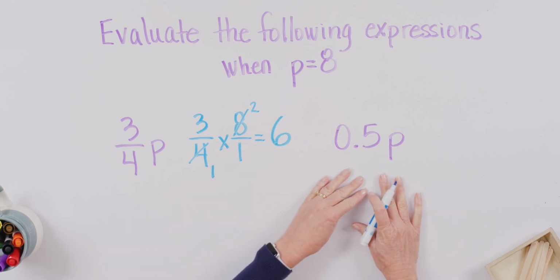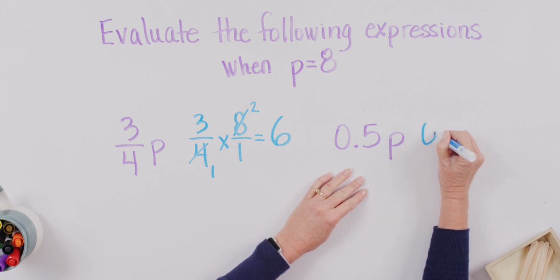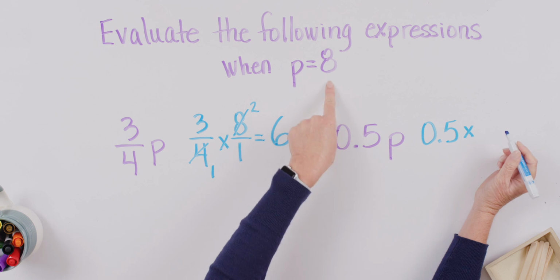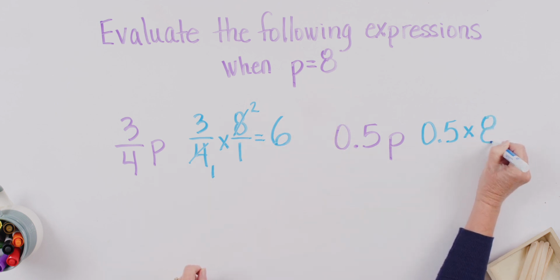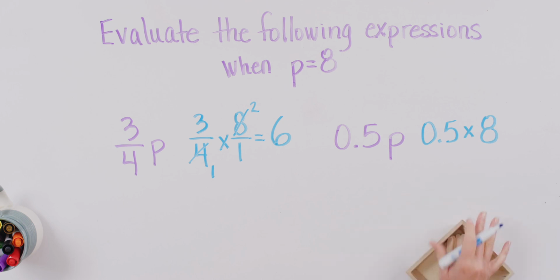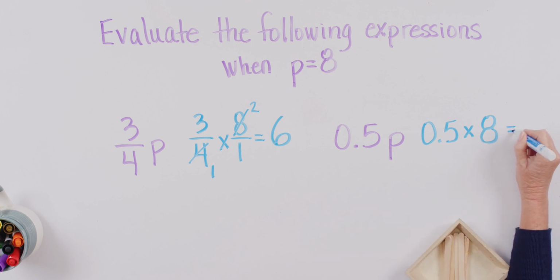All right, let's do this one. I have 5/10, and I'm multiplying it by my p, which is 8. Do you know how I like to look at this one? And you probably have done this too. 5/10 also equals 1/2. So if I take a half and I multiply it by 8, 8/2 equals 4 wholes.